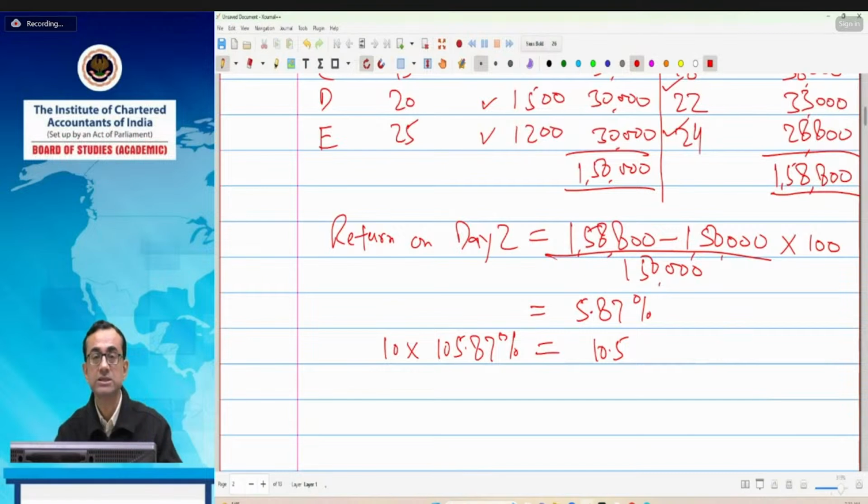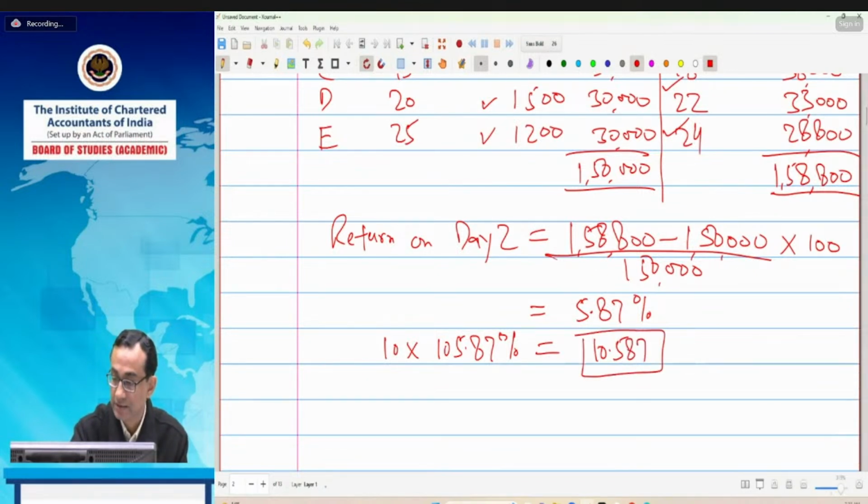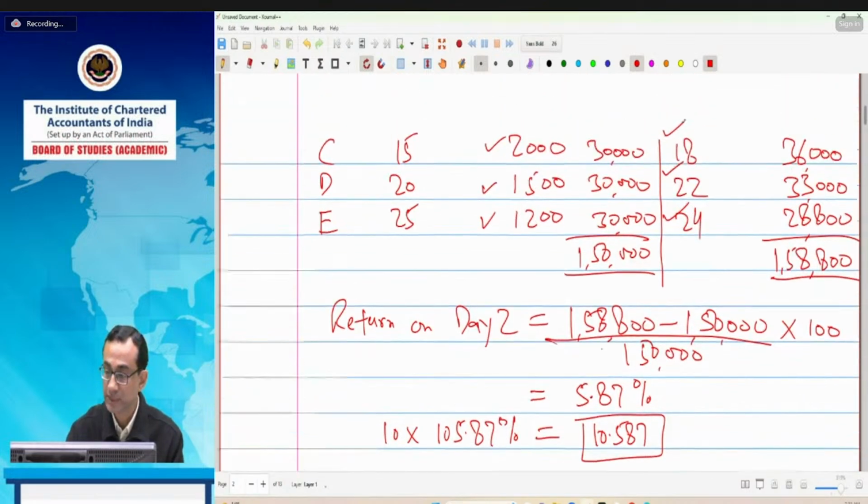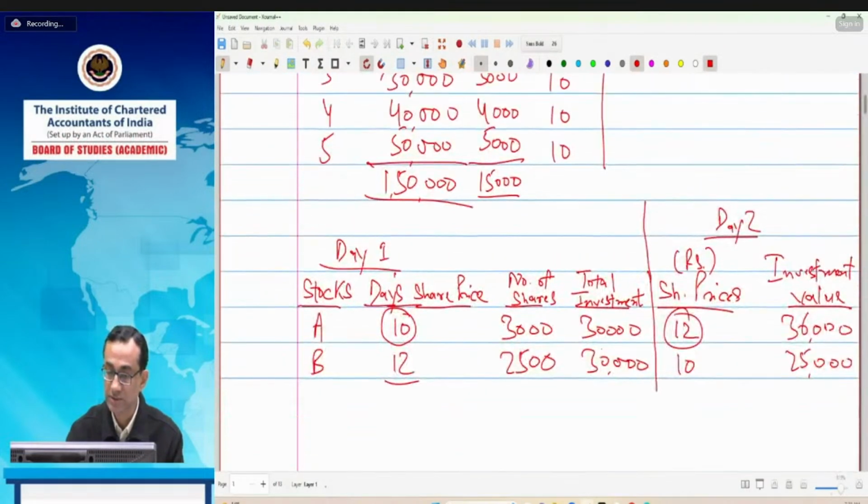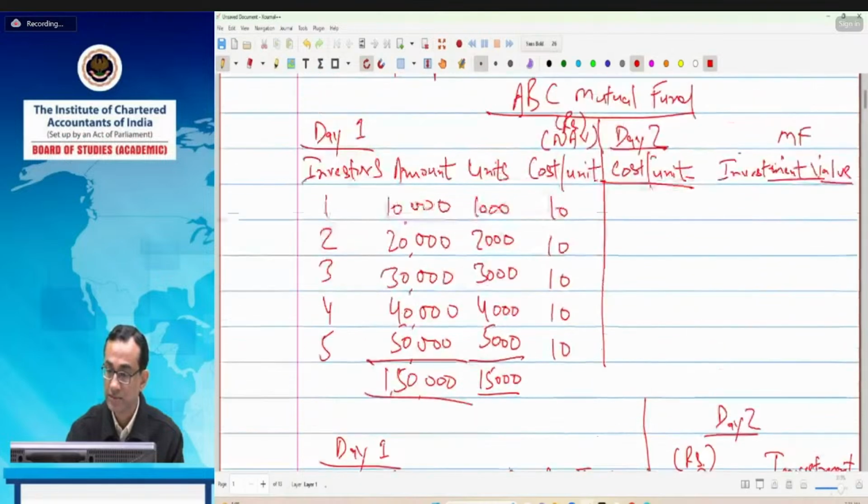NAV I will be discussing later on. So let us just understand in this case that it is the cost price for the mutual fund investor. It is actually 10.587 on day two in case of ABC mutual fund. That is the cost per unit, 10.587.